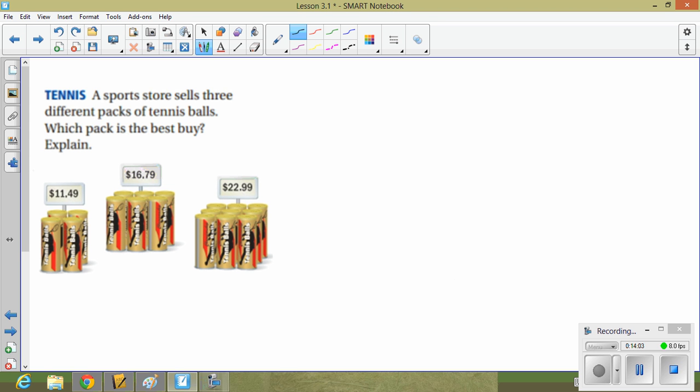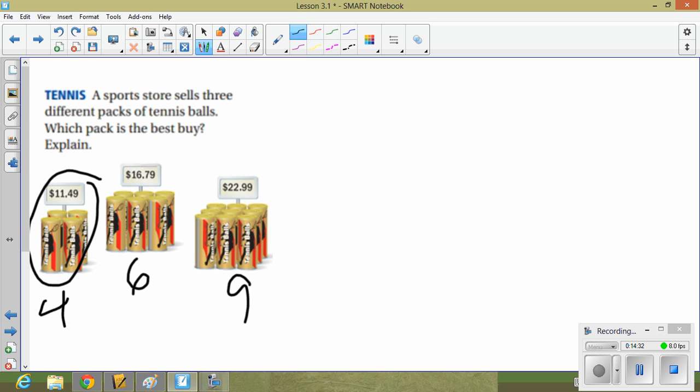Now, what students do when they see this example, they look at the 3 costs, $11.49, $16.79, or $22.99. And they say that this package here, the $11.49, is the best because it's the cheapest. But think about it. In the $11.49 package, you're only getting 4 tubes. Here, you're getting 6 tubes, and here you're getting 9 tubes.